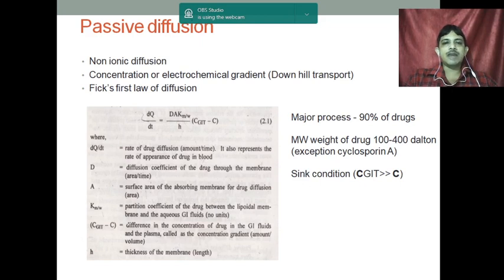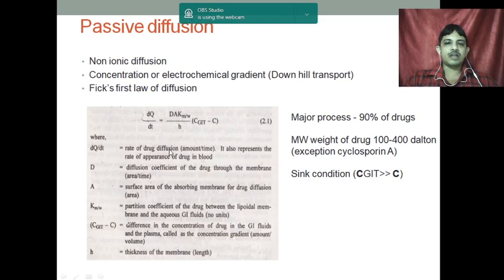Now, what is meant by Fick's first law of diffusion? In Fick's first law of diffusion, we get this equation where dQ/dt is the rate of drug diffusion, amount by time.